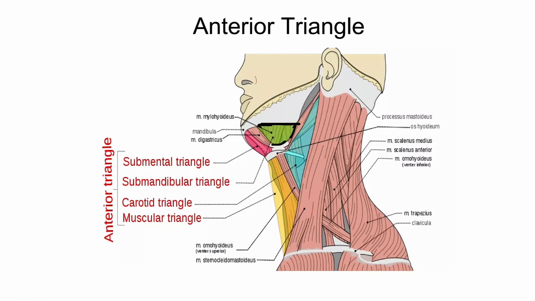This green color shaded area represents the digastric triangle or the submandibular region. It is one of the anterior triangles of the neck. The neck is divided into anterior and posterior triangles, and in the anterior triangle, one of the triangles is this submandibular triangle. We are concentrating on this particular topic, the digastric or submandibular triangle.